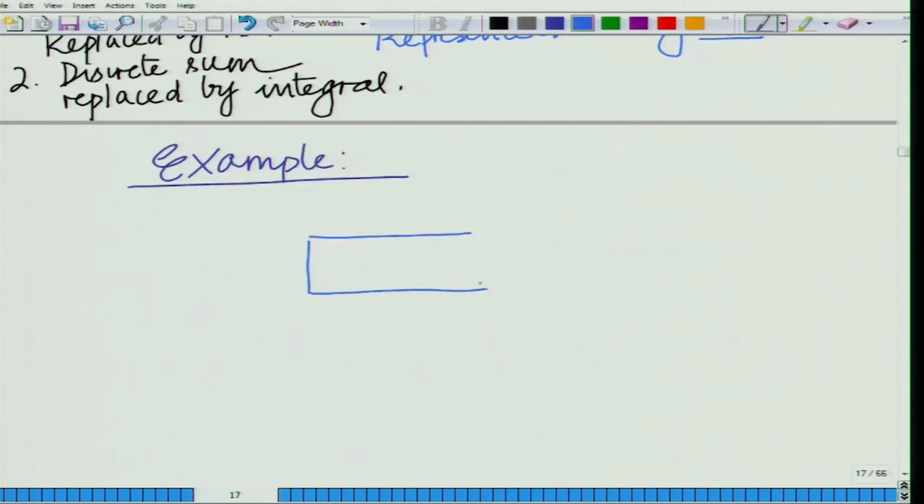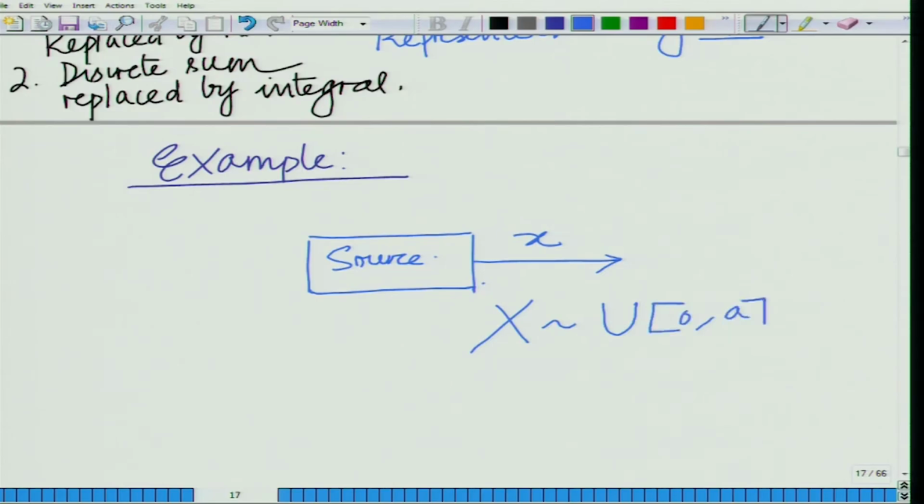For instance, let us look at an example where I have a source generating the symbols x, and for the source x, the PDF is uniform in 0 to a.